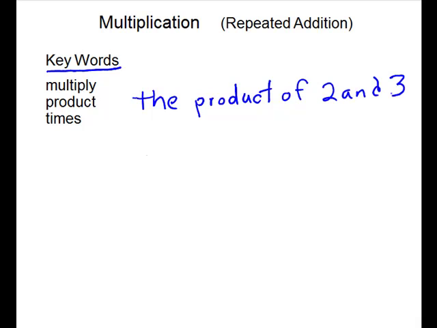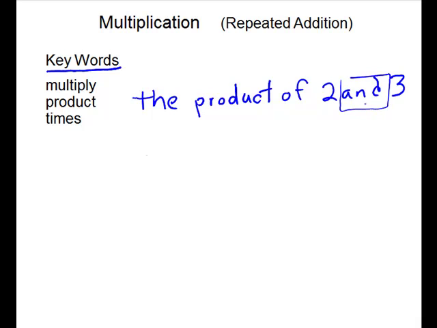Our keywords for multiplication, of course, the word multiply. Product is the most commonly missed one. We'll come back to it. And times. Those are pretty easy. Product, I think the reason students miss it, it might say the product of 2 and 3. Remember, and is a separator.